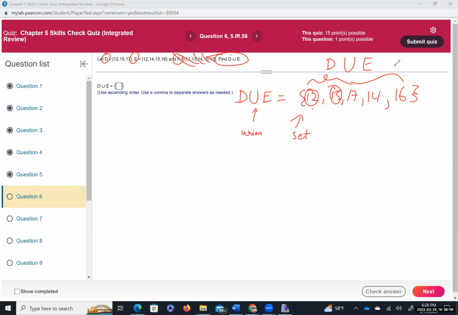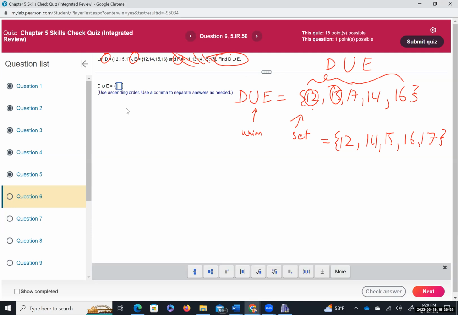You can also reorder it to make it nicer, from lowest to highest, that's going to look nicer for the set. But if you don't, the answer will not accept that. So you can see to use ascending order.